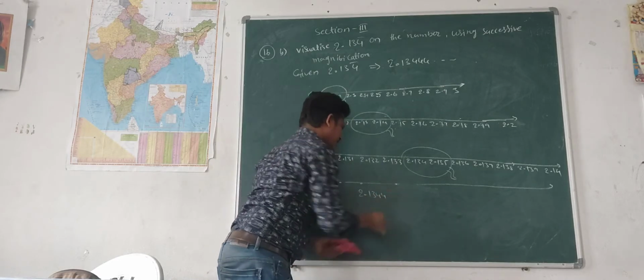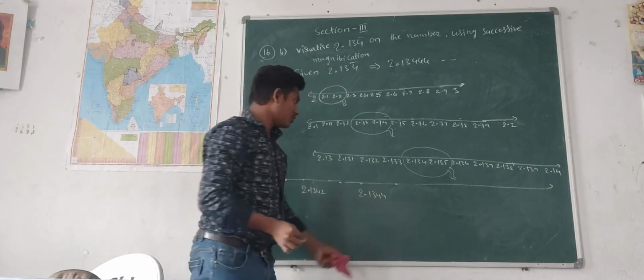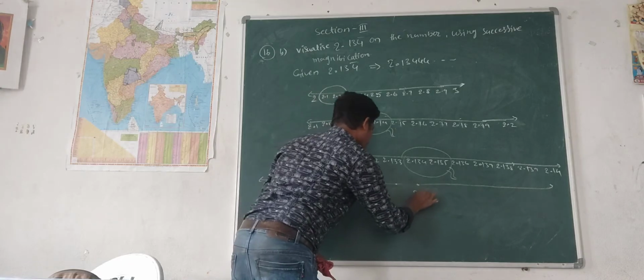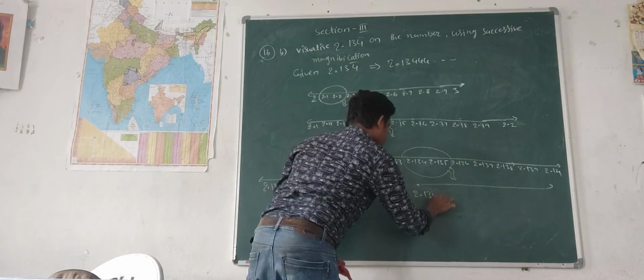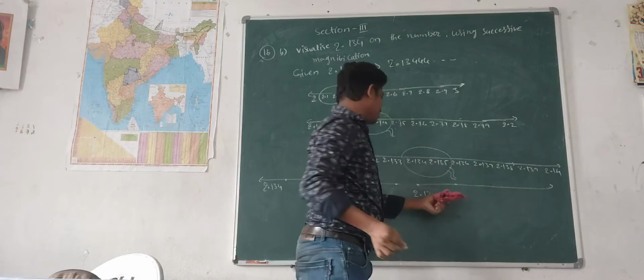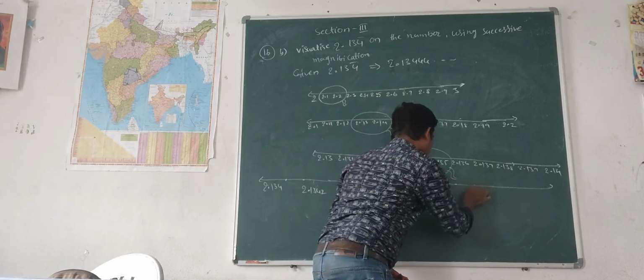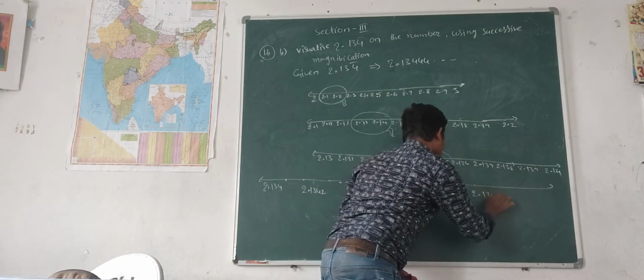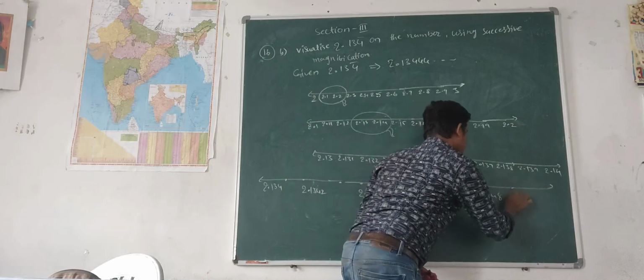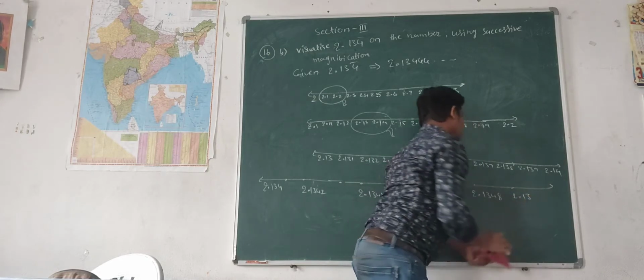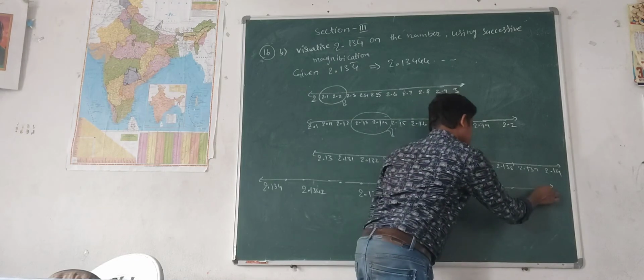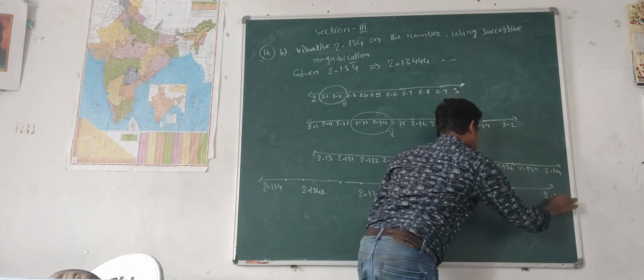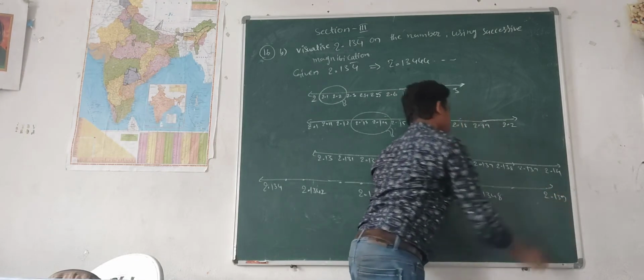Next take this point 2.1345. Next this point 2.1346. Next this point 2.1347. Next this point 2.1348. Next this point 2.1349, and next this point 2.135.